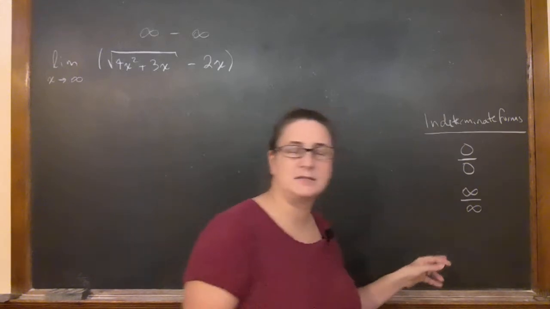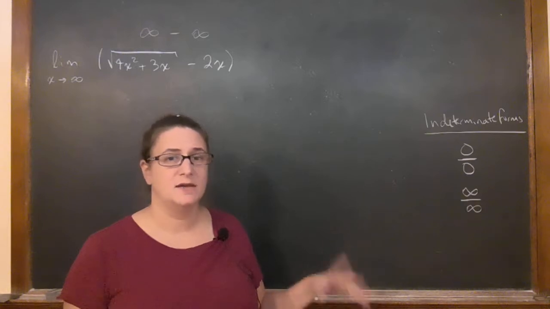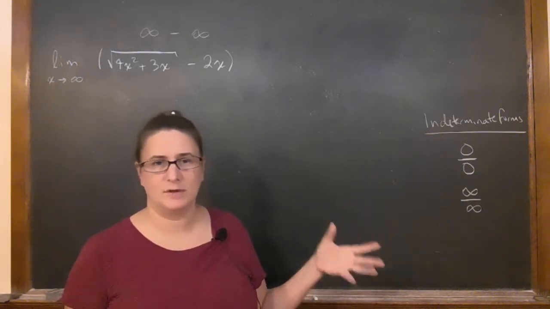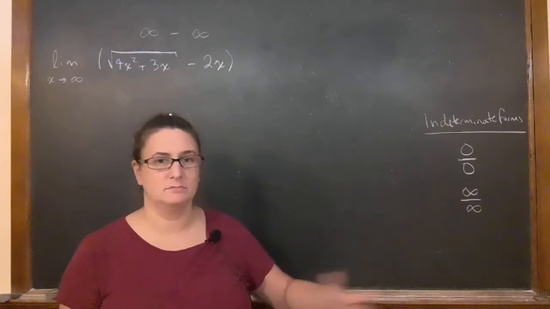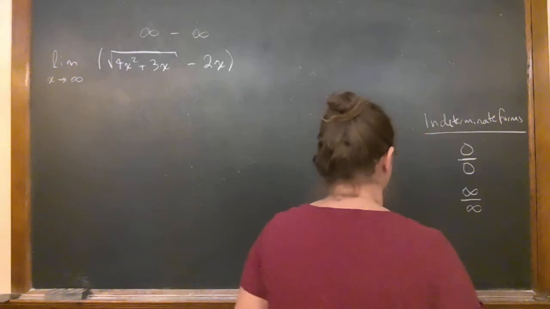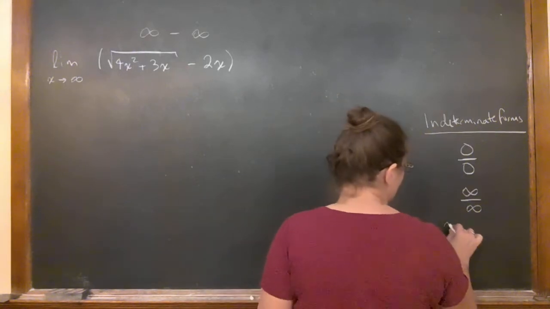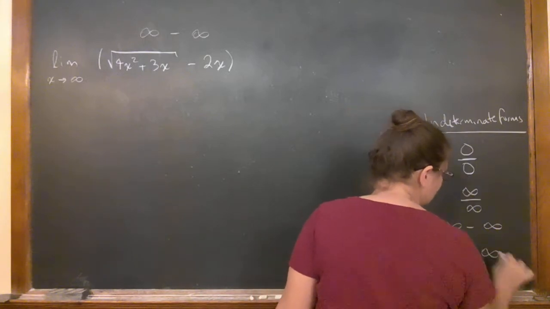All three of the examples that we had of rational functions, if you just stick in infinity, you get infinity over infinity. And we saw that it went all different places. So these are the most common indeterminate forms, but you also have infinity minus infinity and 0 times infinity.